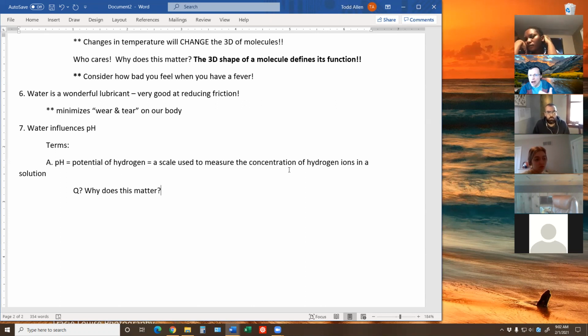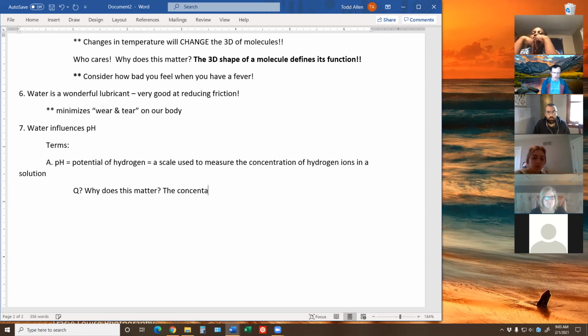And when you add a hydrogen ion or pull off a hydrogen atom that becomes a hydrogen ion, you change the shape of a molecule. So the big deal is similar to temperature. If you change temperature, you change the shape of a molecule. If you change the hydrogen ion concentration of a liquid, you will ultimately change the shape of the molecules dissolved in that liquid, which will change their function, how well they do their job, okay?